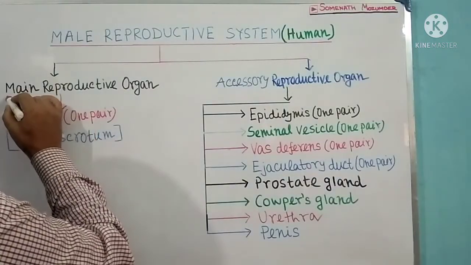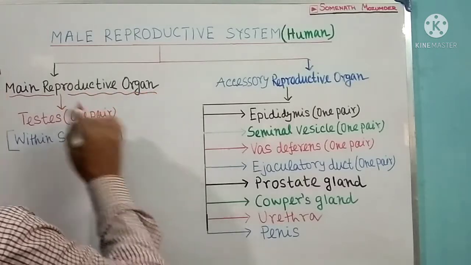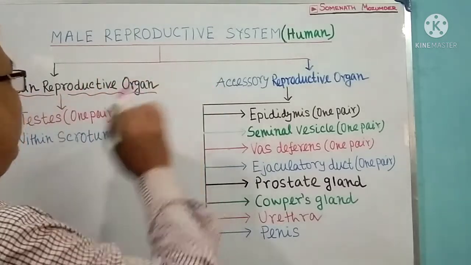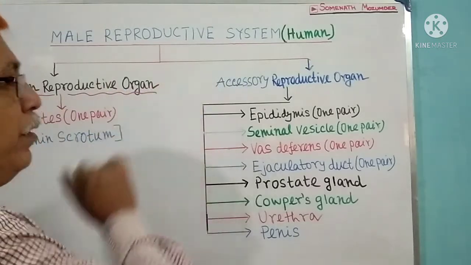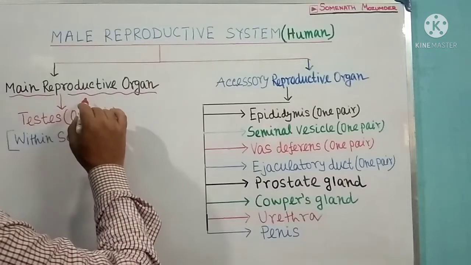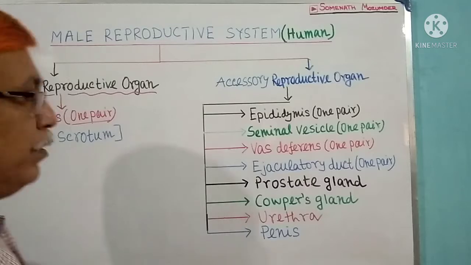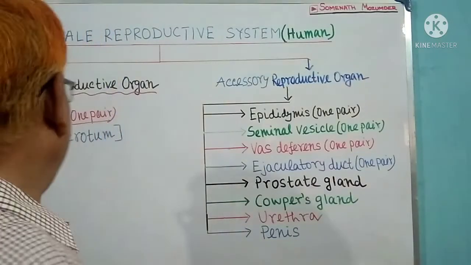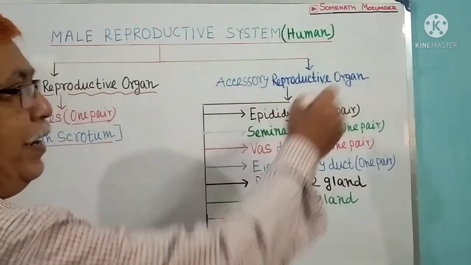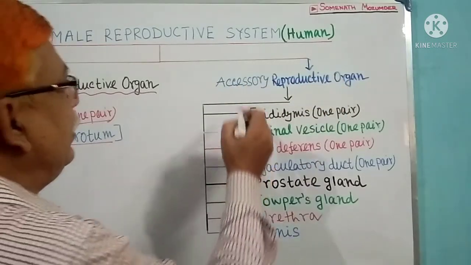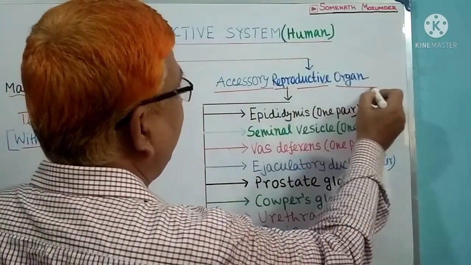One, main reproductive organ, or main sex organ, or primary reproductive organ, or primary sex organ: one pair of testes within the scrotum. And second part, the accessory reproductive organs.